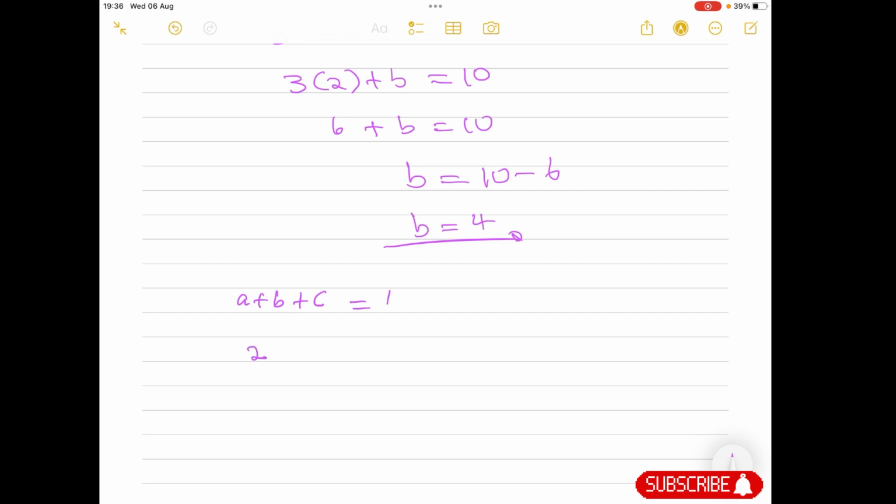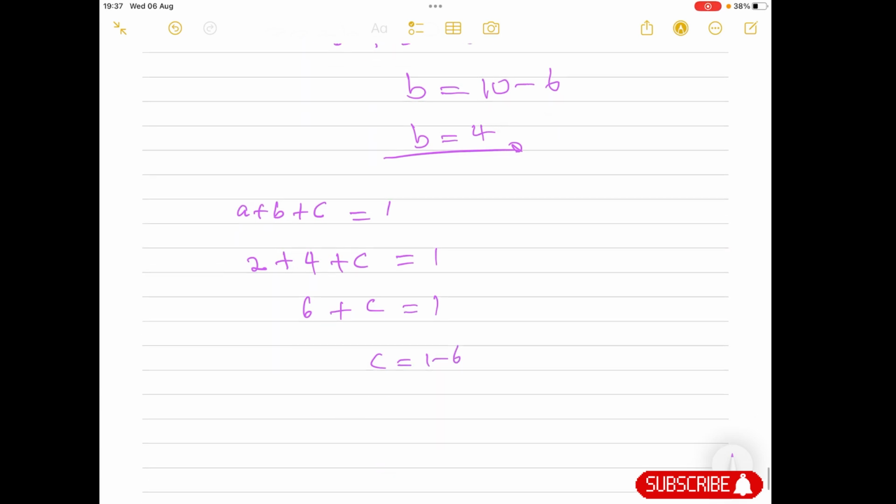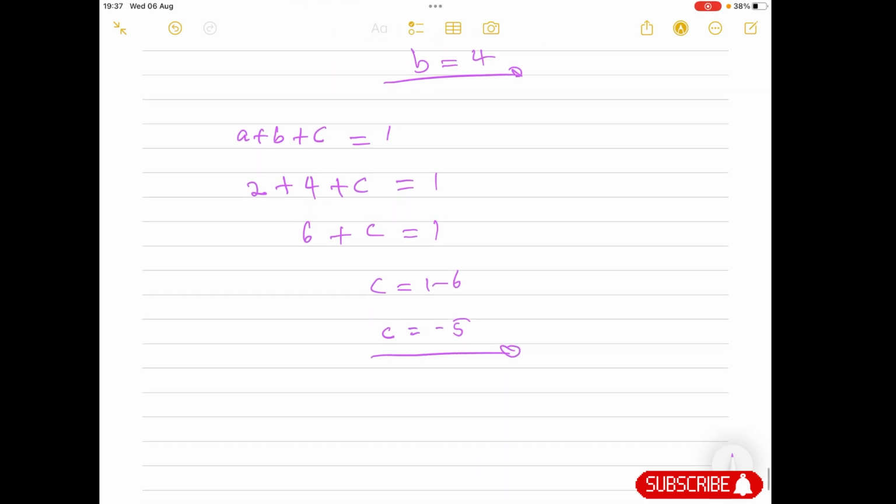And I know the value of A is 2, plus the value of B is 4, plus C is the only unknown, equal to 1. So when I add the 2, I get 6 plus C is equal to 1. Then C is equal to 1 minus 6. As a result, C becomes minus 5.